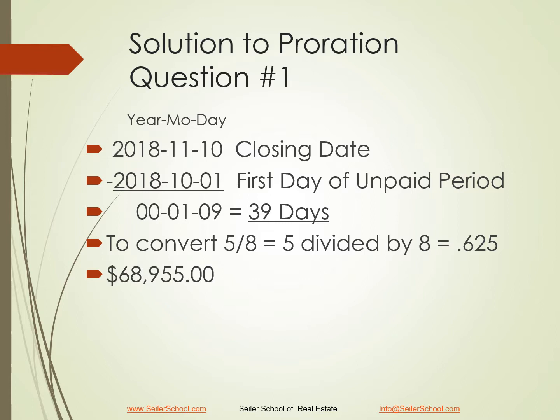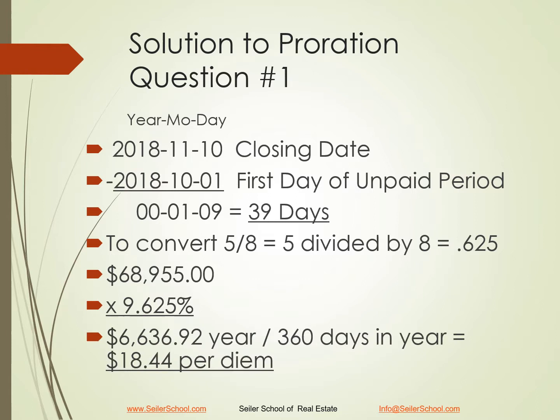So then we take the loan balance, $68,955, and remember it's 9 5/8, so the decimal equivalent is 9.625%, gives us the annual, which is $6,636.92 for the year. We use 360 days in a year.